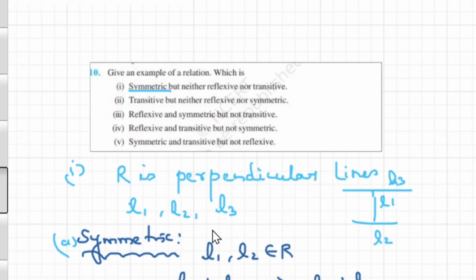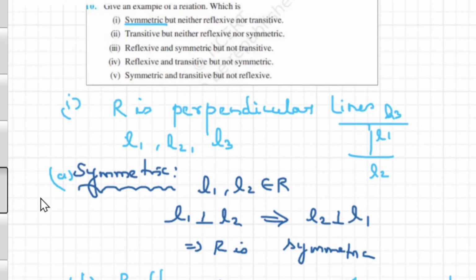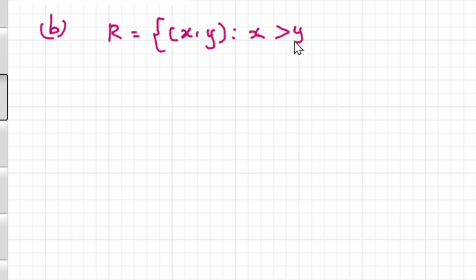And then look at the second subdivision. We are going to prove that it is transitive but neither reflexive nor symmetric. The relation R is the set of ordered pairs x comma y such that x is greater than y, or we can have less than. You can take either greater than or less than sign, both prove the same thing.